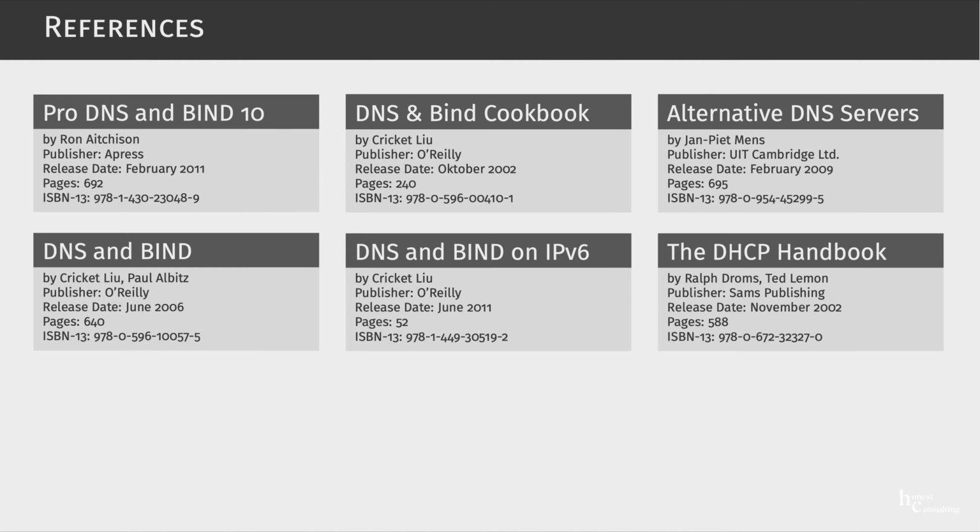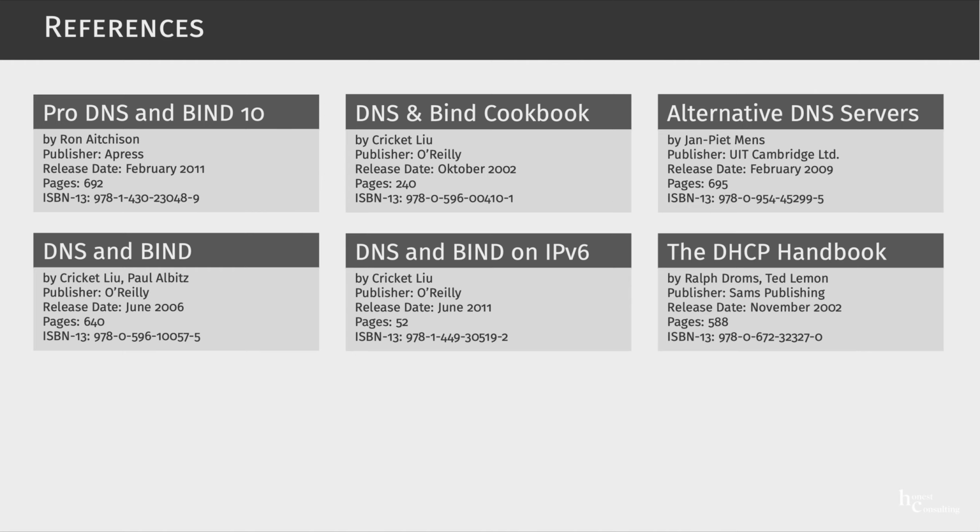So if you would like to get a broader understanding of DNS itself and the different ways it was implemented in the last couple of years or in the last couple of decades, you should take a look at this one as well. It's available free of charge as a PDF, but you can buy one from him if you prefer a printed version. The other ones are available as print versions and digital versions as well, but there is no free of charge version available.